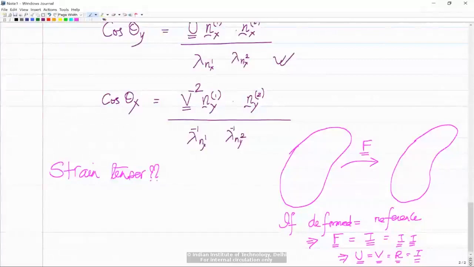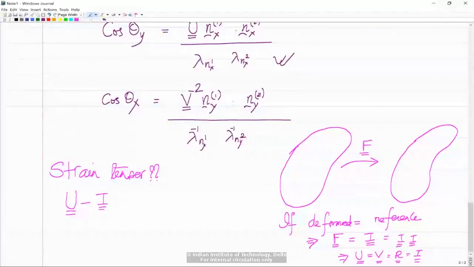That tells you that we might think of strain to be U minus I, isn't it? It's one measure of strain, correct? And indeed, that's how strains are defined.